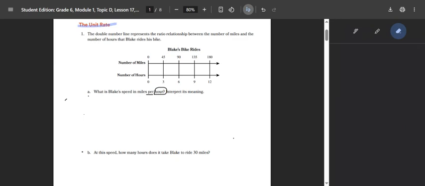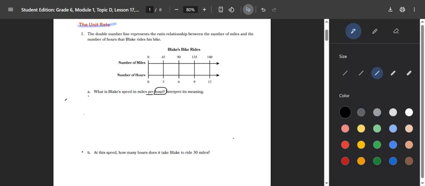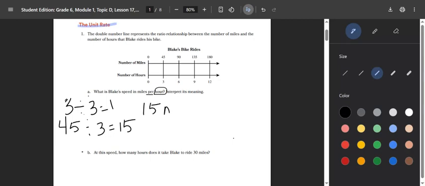Three by 3. So since I divided 3 by 3, I have to divide 45 by 3. And that's going to give me 15. So Blake's speed is 15 miles per hour.